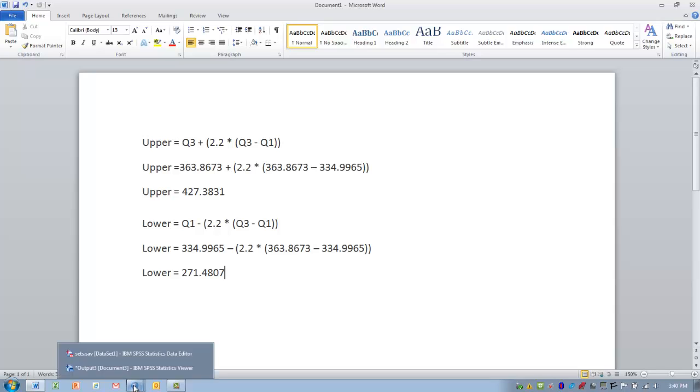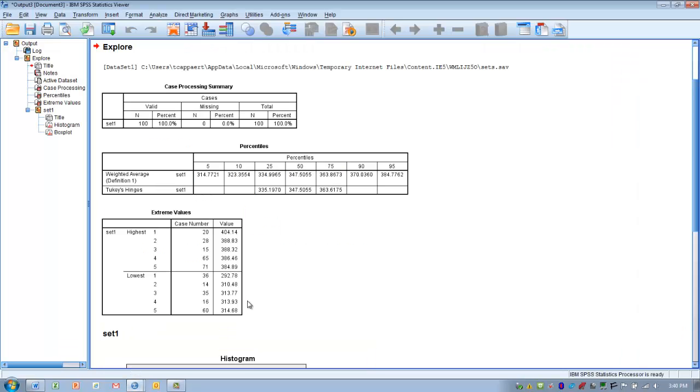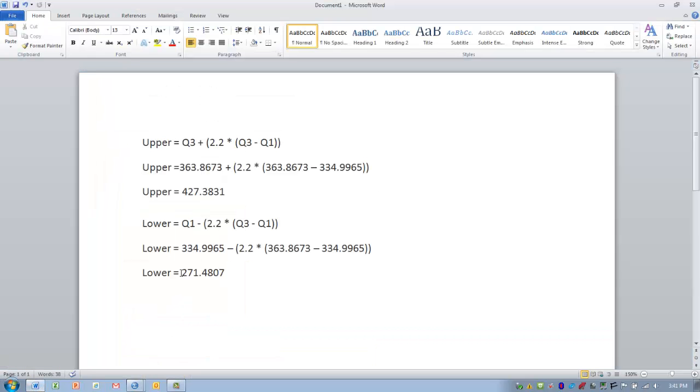So now we will go back to our output and look at this table, which identifies the 5 highest scores and the 5 lowest scores. We can use these values to determine if any of them are outliers. Again, our upper value is 427 and our lower is 271.